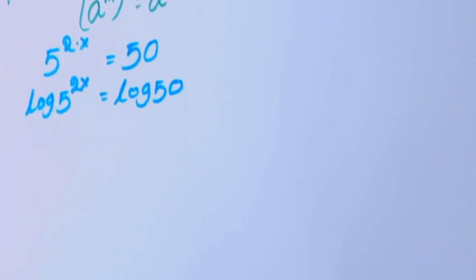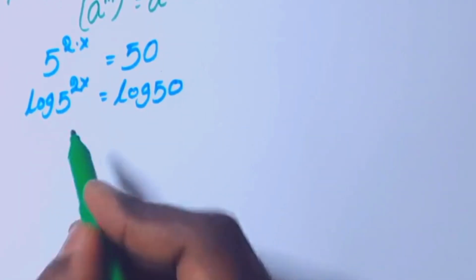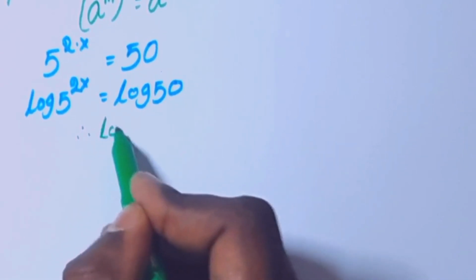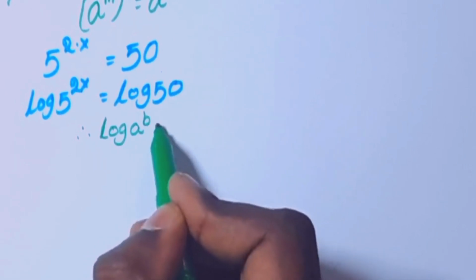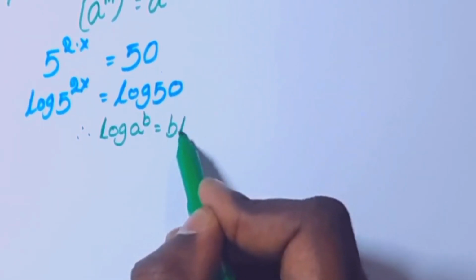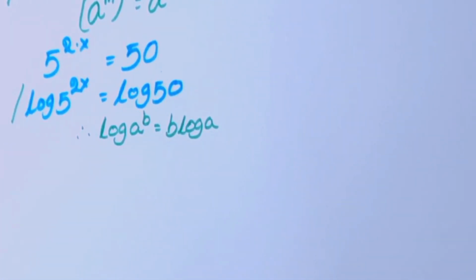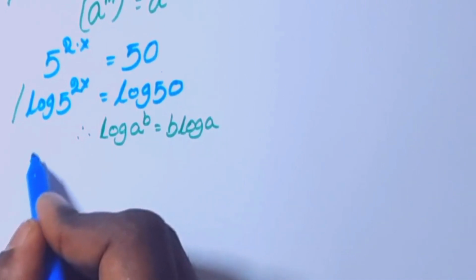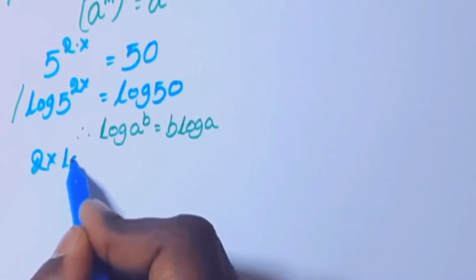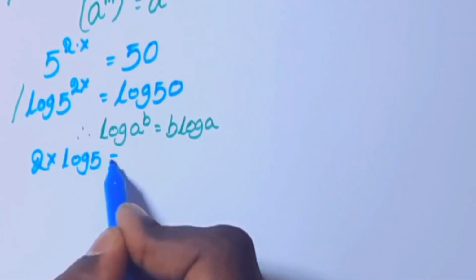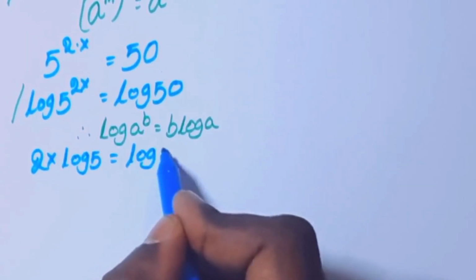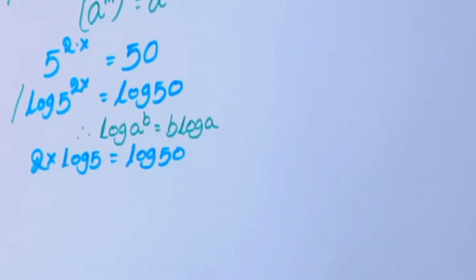Now as per the power log formula, that is log a power b equal to b log a, this is going to apply here. So we'll get 2x log 5 equal to log 50.